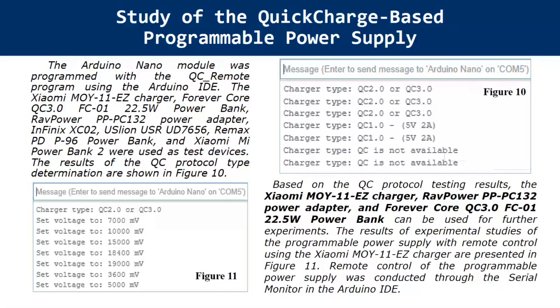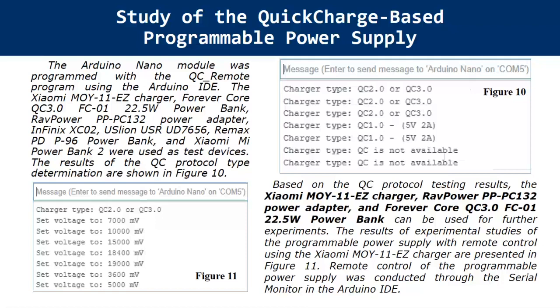The Xiaomi MUI 11EZ charger, Forever Core QC 3.0 FC01 22.5 watt power bank, RAVPower PPC 132 power adapter, Phoenix XC02, US Leon USR, UD7656 Max, PDP96 power bank and Xiaomi Mi power bank 2 were used as test devices.